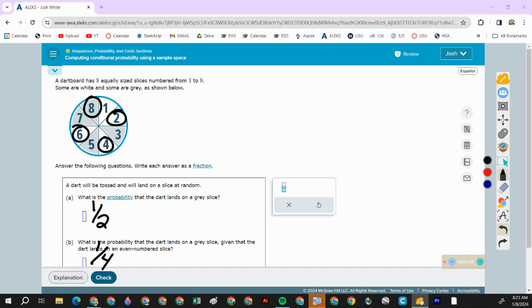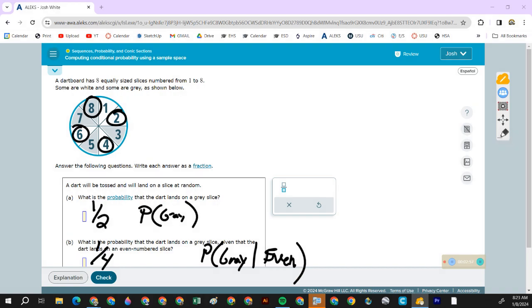And here we would write, what is the probability of gray, and down here we would write, what is the probability of gray given, and we do that with this single vertical line, given even. Okay.